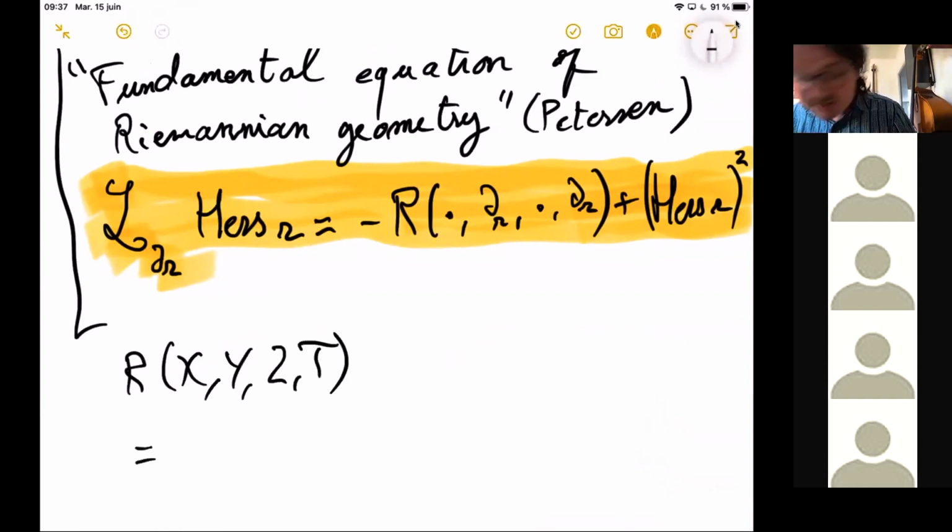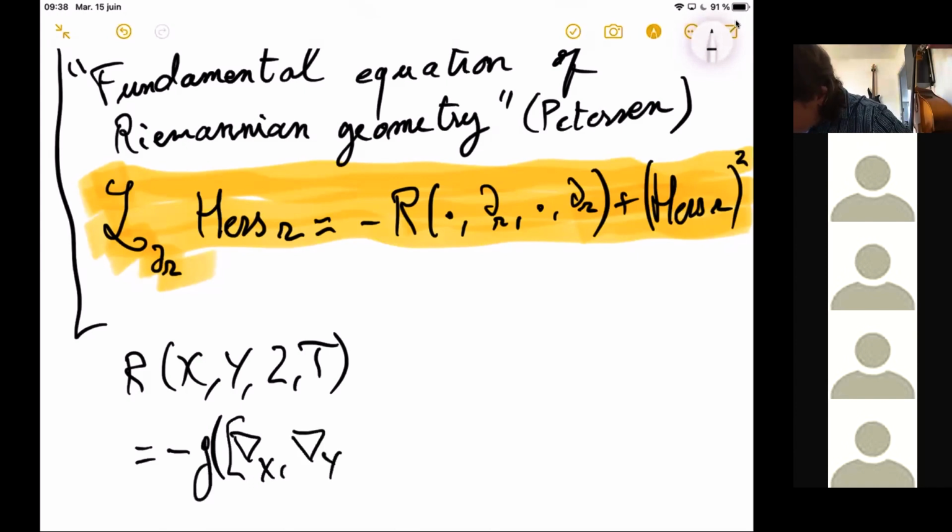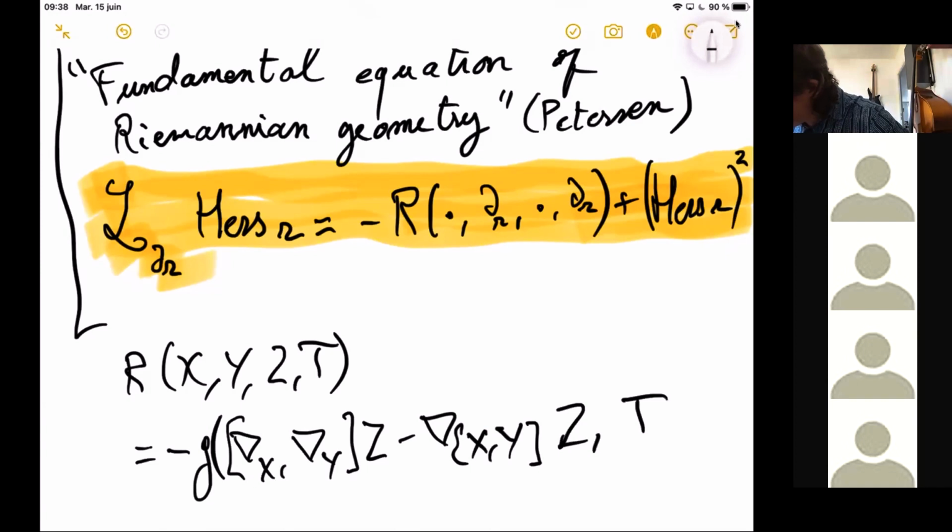Since, as I said, there are a lot of different conventions floating around, this might be minus what you're familiar with, so I apologize for that. Nabla x, nabla y, z minus nabla y, nabla x, z, then I put, sorry, inner product with t.